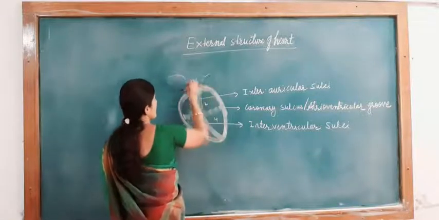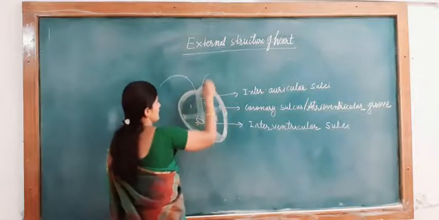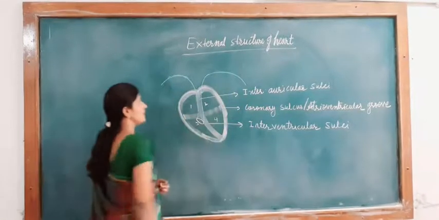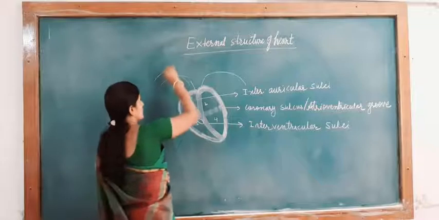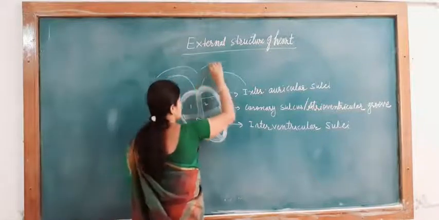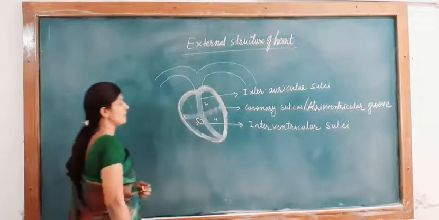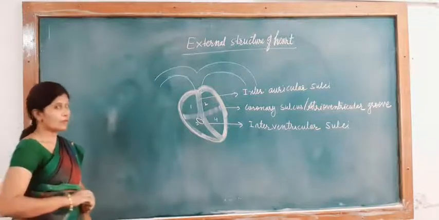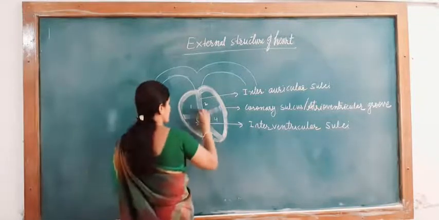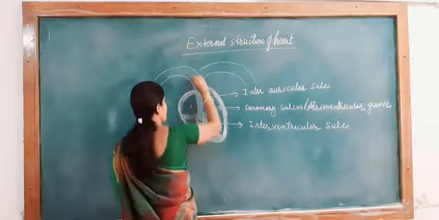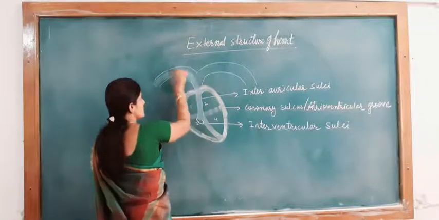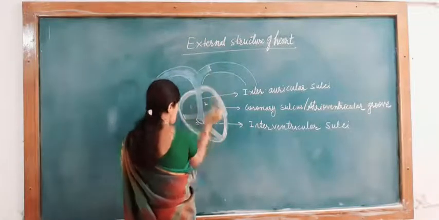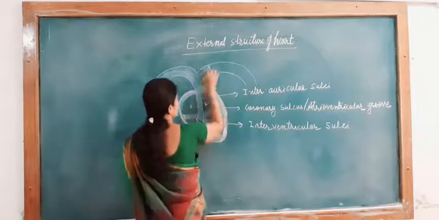When it goes up, it bifurcates into two. This is the pulmonary aorta.